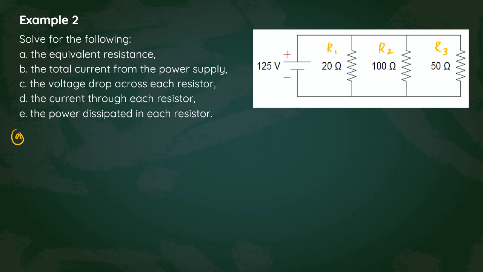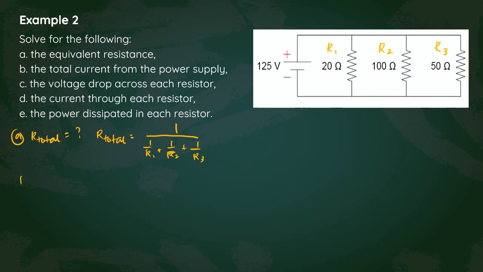The equivalent resistance of resistors that are attached in parallel connection is 1 over R total equals 1 over R1 plus 1 over R2 plus 1 over R3.